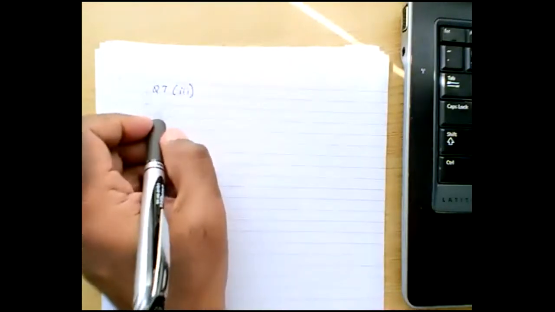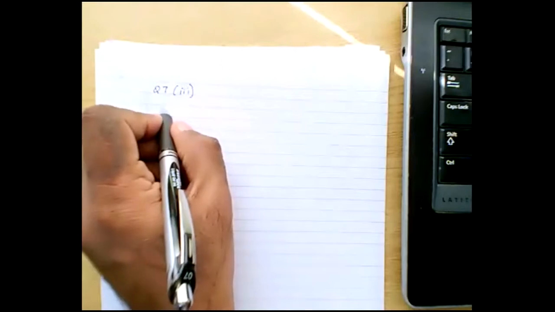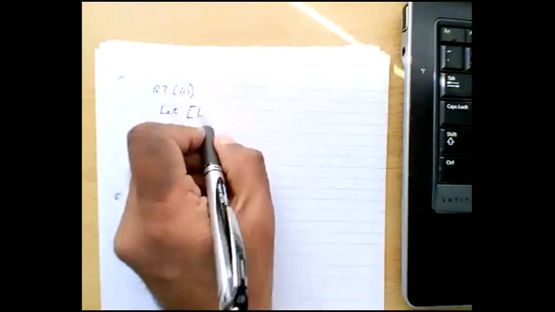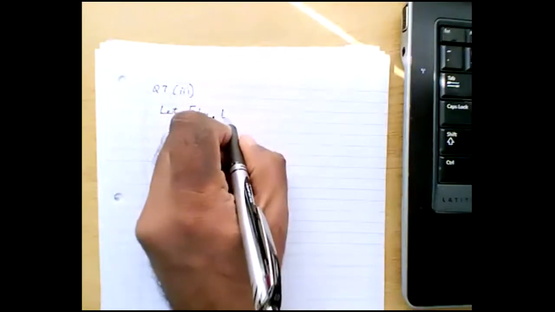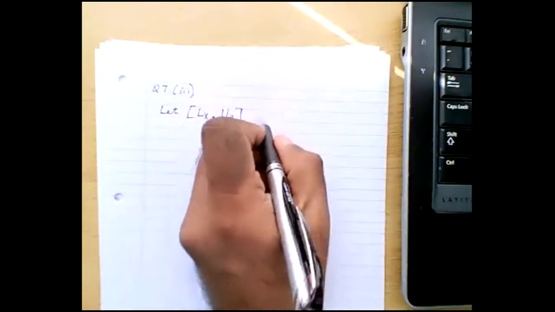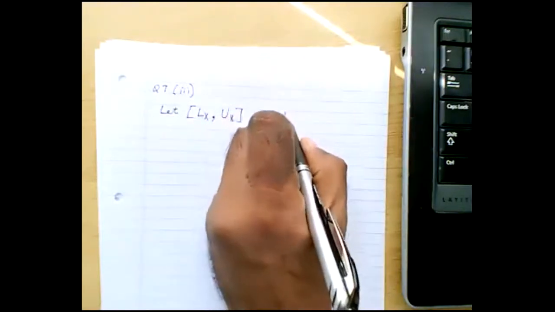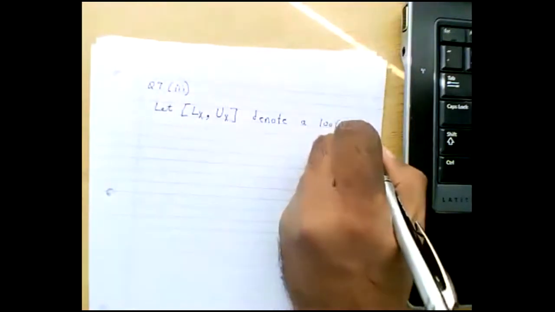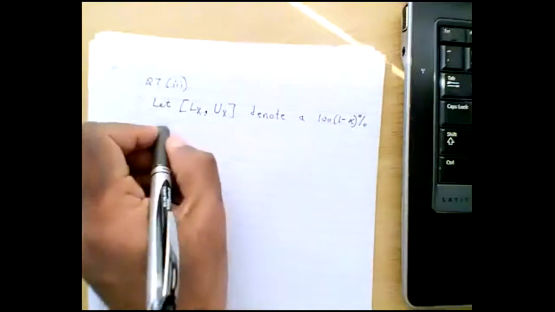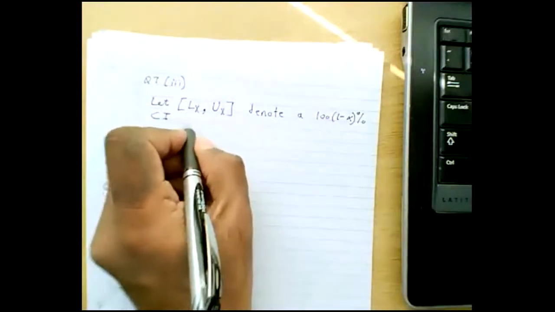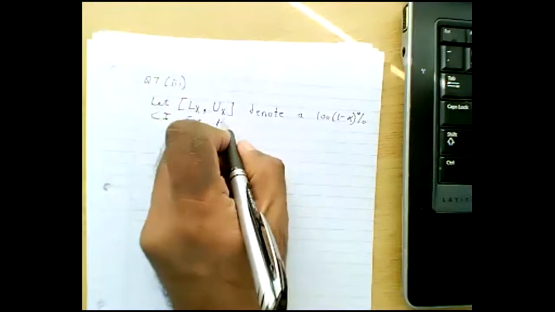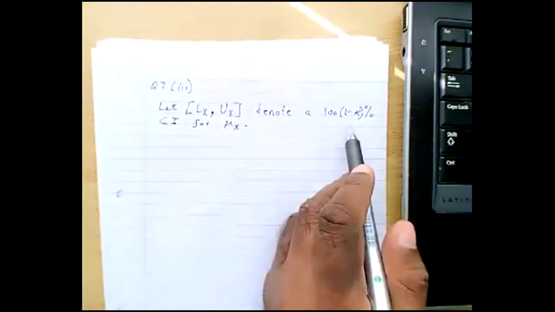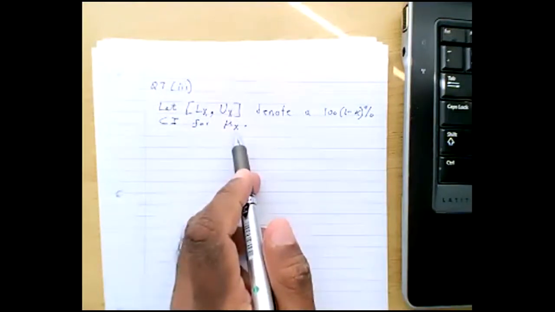What you're given is, okay, so you're told that this is a 100 times 1 minus alpha confidence interval for mu x, right?